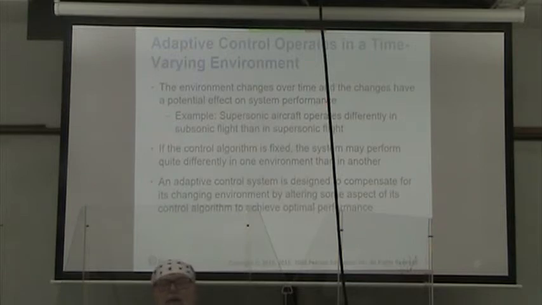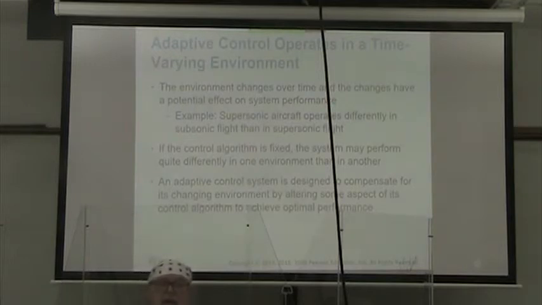All right, so our adaptive control operates in a time-varying environment. The environment changes over time, and those changes potentially have an effect on the system performance. So, the example they give us, a supersonic aircraft will operate differently in subsonic flight than it does in supersonic flight.